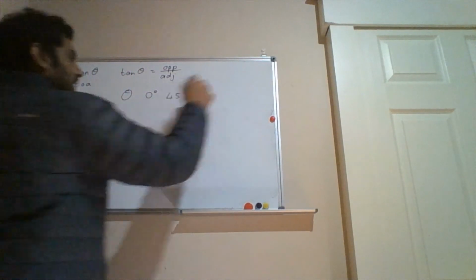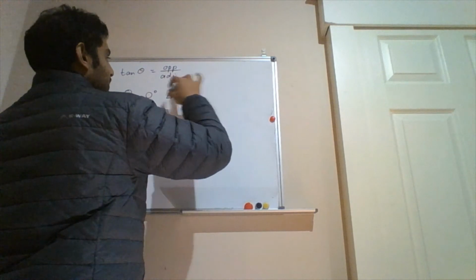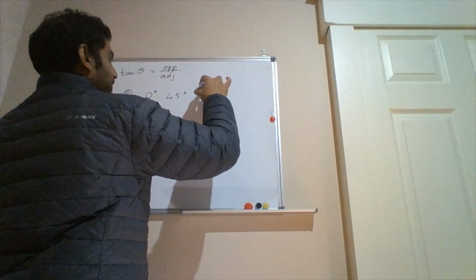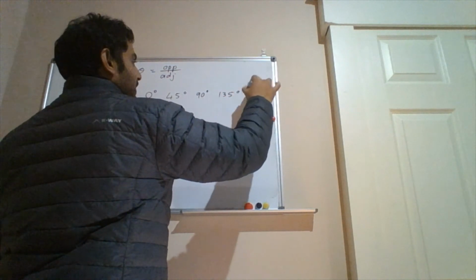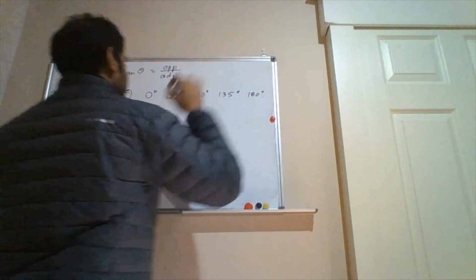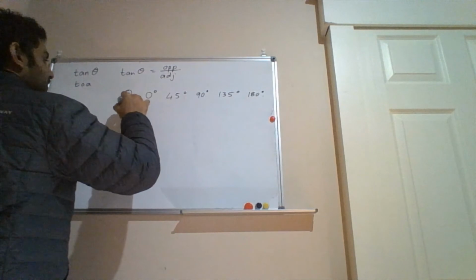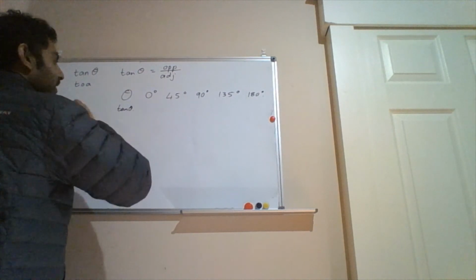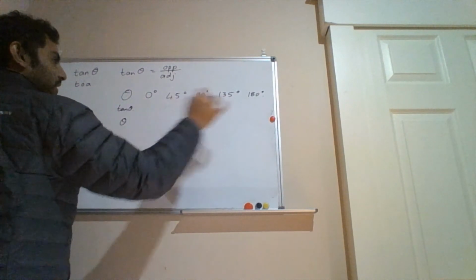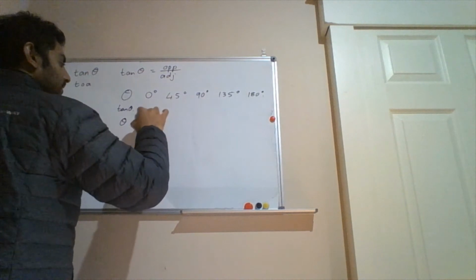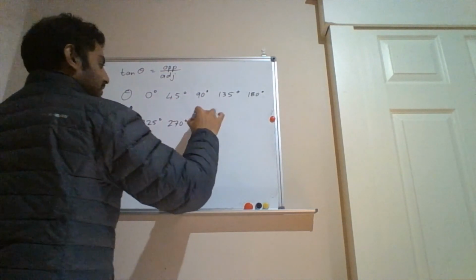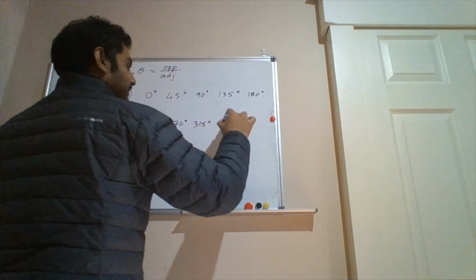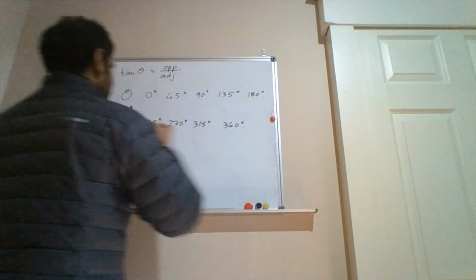So let's plot. So 0, 45, 90, 135, 180. Tan theta, and then we're going to go to 360. So 225, 270, 315, 360.